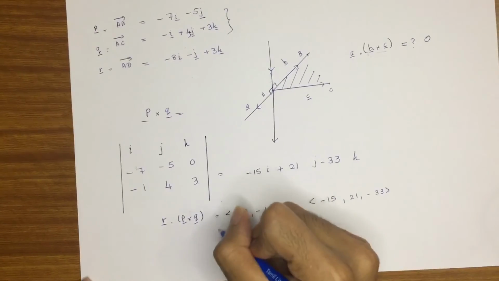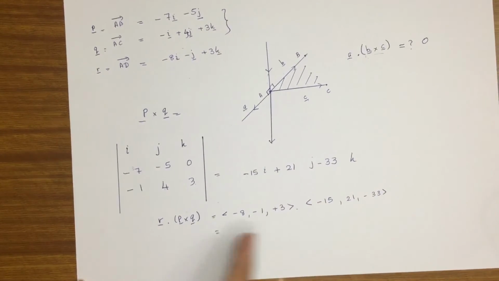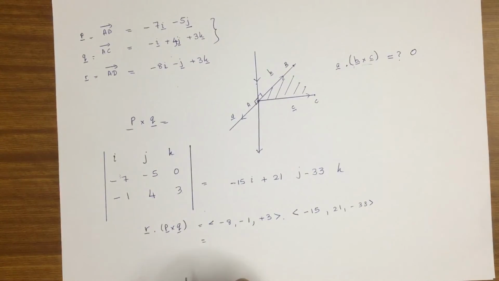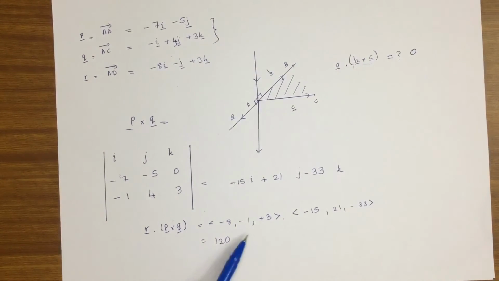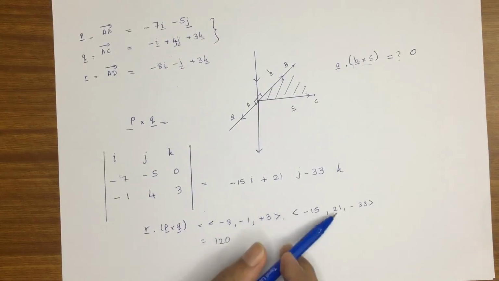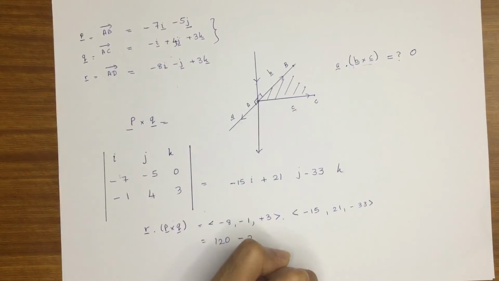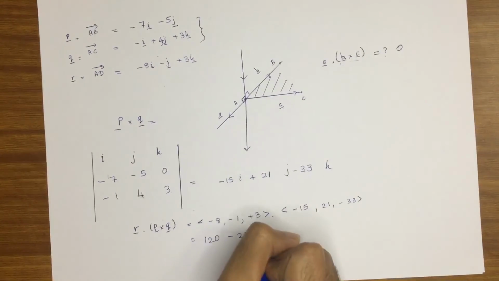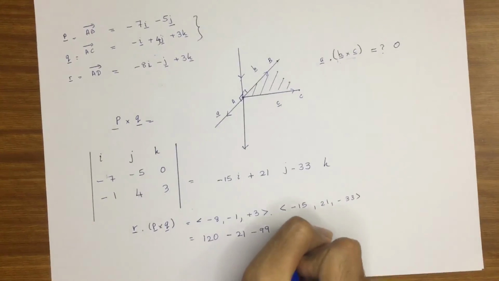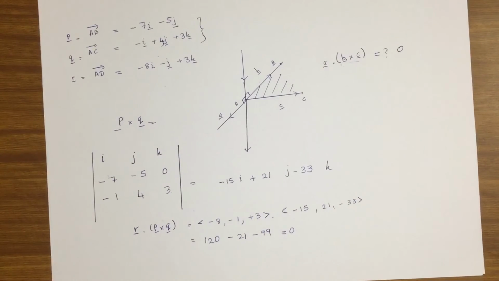Minus 8 into minus 15 would be 120. And if we take the dot multiplication with this, we are going to get minus 21. And if we take between these two, it's going to return minus 99, which simply means we are going to get 0, sorry, that's not a vector, the resultant magnitude would be 0.